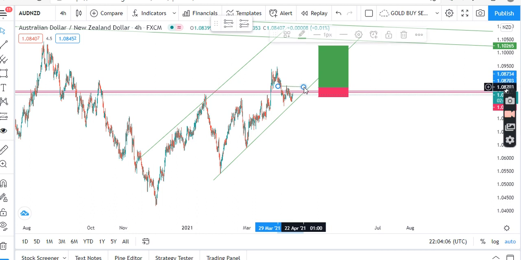Let's put it there. Okay. Let me copy this. And then we have our support there. And we have our trend line. You remember this?